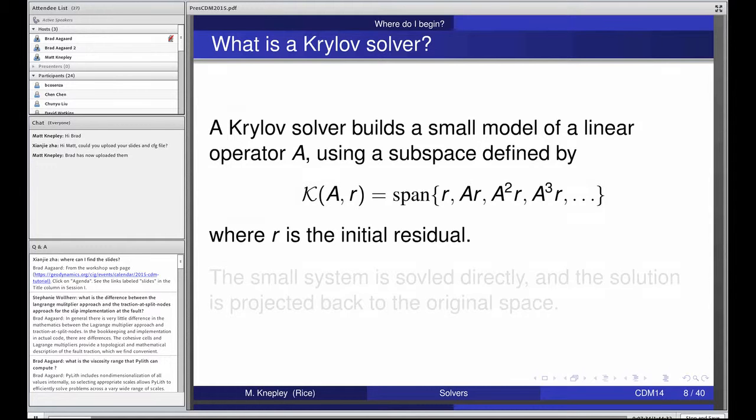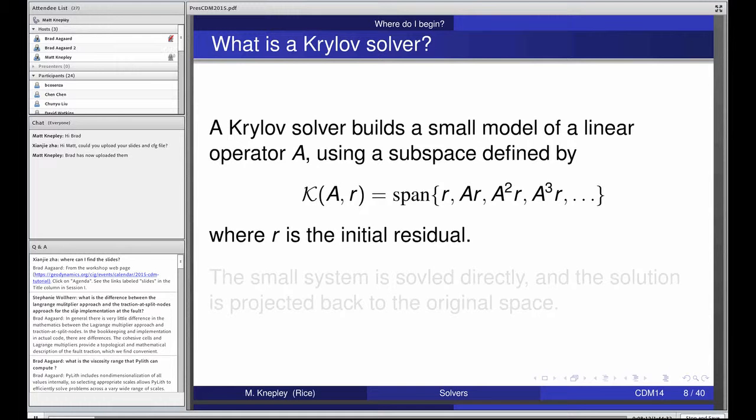So I have a matrix and the residual, and I'd like to make a set of vectors on which to project. These define my tiny subspace that I want to solve in. Since I only have A and R and nothing else really, I just keep multiplying R by A. You can prove that this generates a series of vectors. It doesn't repeat, or if it does repeat, then you can prove that the solution actually lies in that tiny space before repeating.